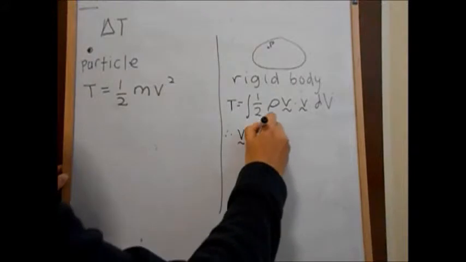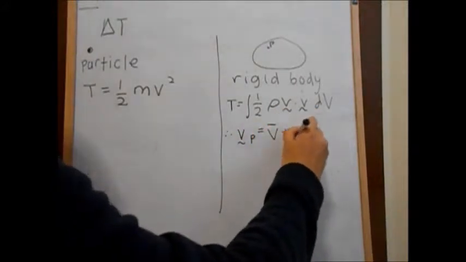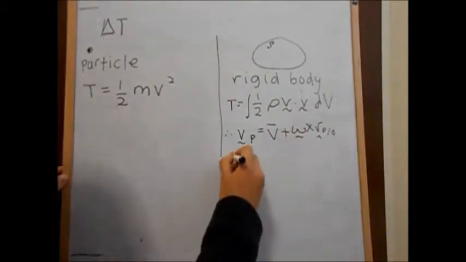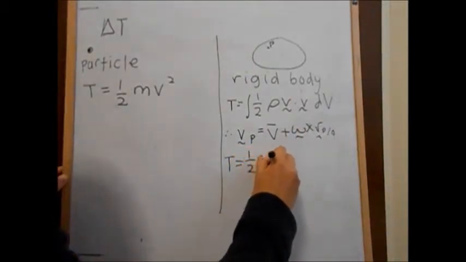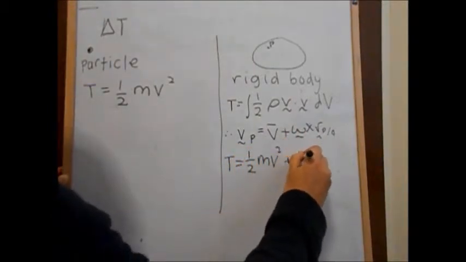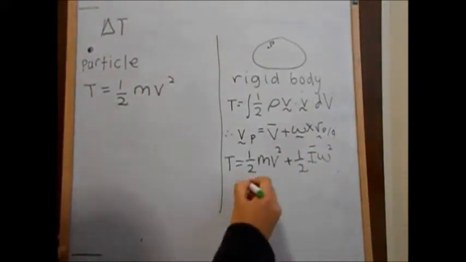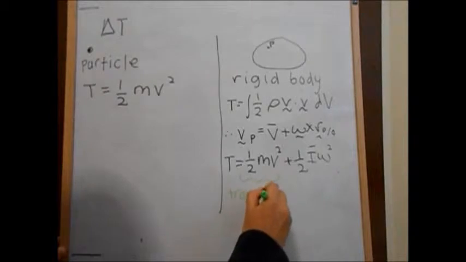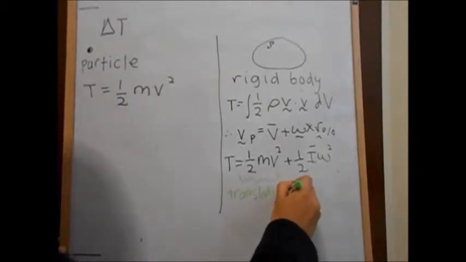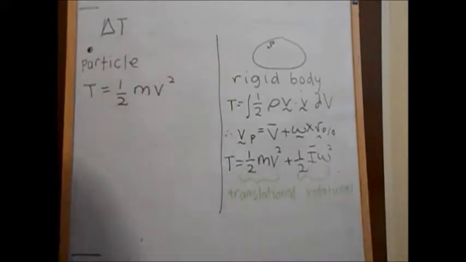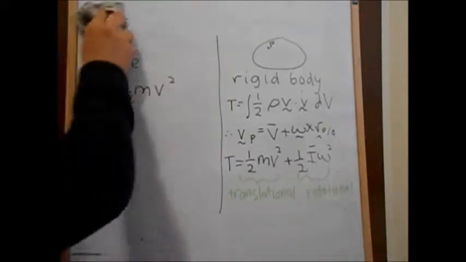And we know the velocity of any point is written as Vp equal to V bar plus omega times r. Then after we substitute back into the integration, we will get T equal to half mv squared plus half I omega squared. The first part is for translation and the second part is for rotational motion. This idea is originally from Samuel.